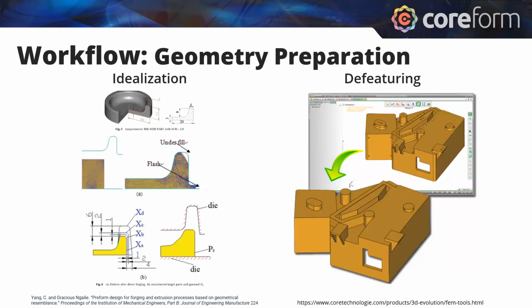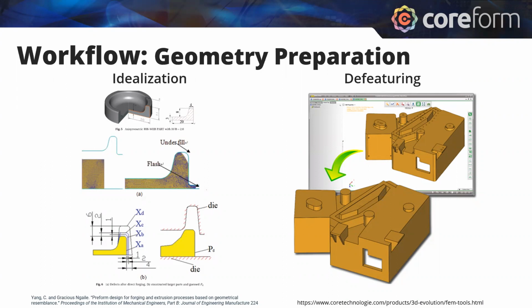Another part of model preparation is what I call geometry prep. I like to segregate this from the physics to a certain extent. Say I'm doing a forging of an axisymmetric part. I could run the full 3D model, and I might want to run full 3D at some point, but I can do a lot more iterations if I idealize it to an axisymmetric model.